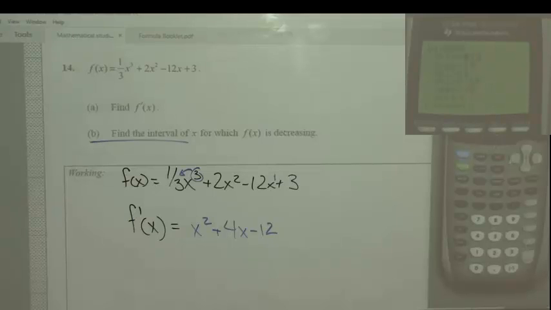Now, just to try and see what I can see, let's make that 100. And I almost saw the minimum, so I'm not going to make that much more than -20. And now let's see if I can see things. So where this function is decreasing is from here to there, and so we are looking for the maximum and minimum values.